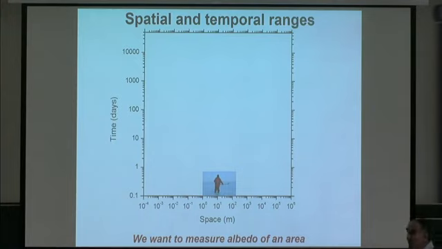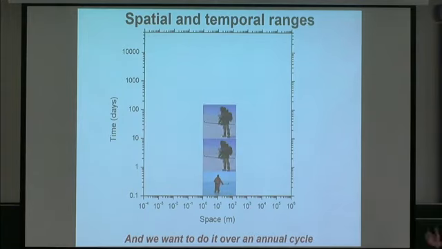Now, I talked about the importance of seasons, and particularly the summer melt season. So I really want to know albedo over time, at least for a year. So that fills in a little bit more of this area. And if I have that albedo data for this area over the course of one whole melt season, I want to actually understand what's causing the changes.